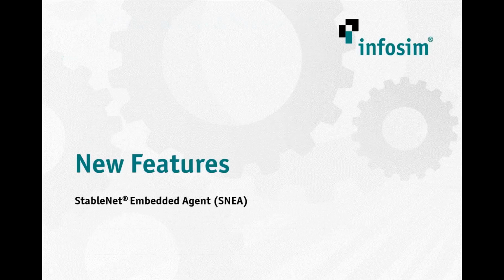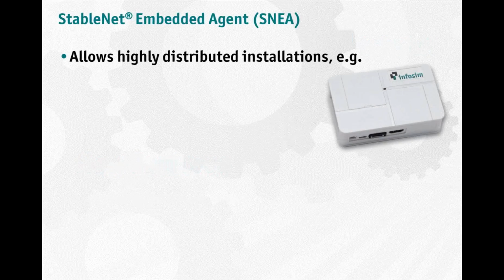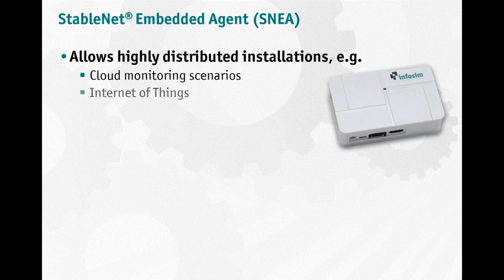Another new feature which is requested by a lot of customers is the StableNet embedded agent. And this agent allows highly distributed installations, for example in cloud monitoring scenarios or also in the Internet of Things. And there are also a lot of more use cases where you can use the embedded agent.